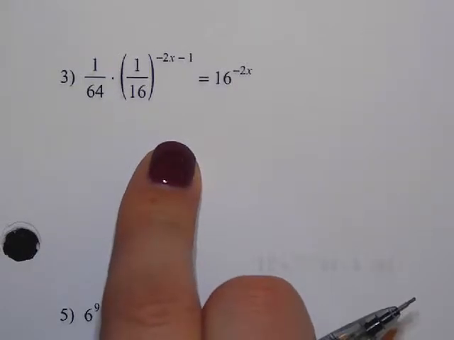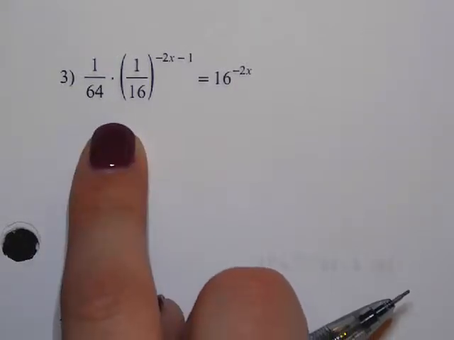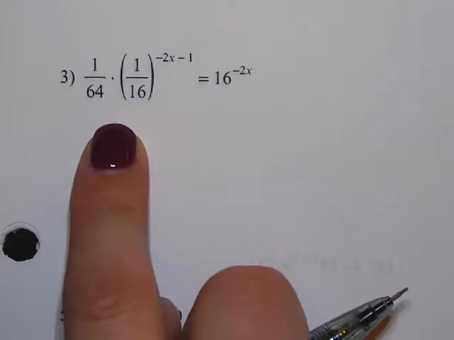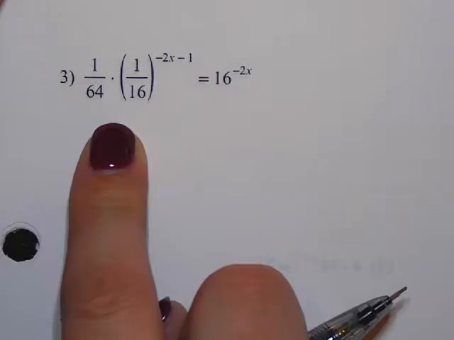Let's rewrite each of these. So we're going to see what base we could be using. So 1 over 64.